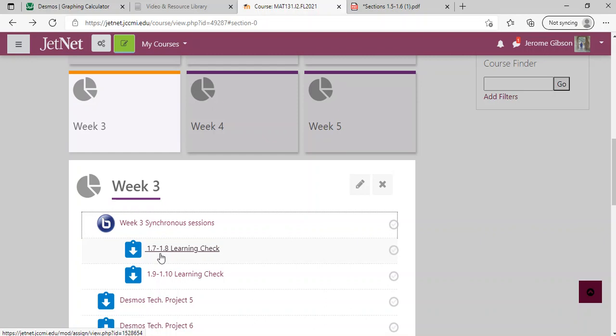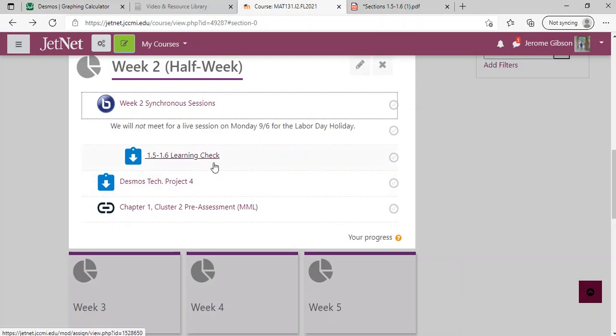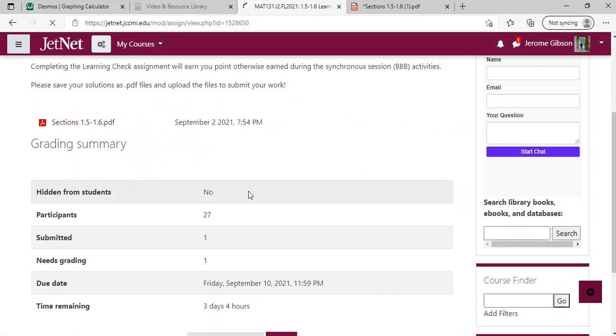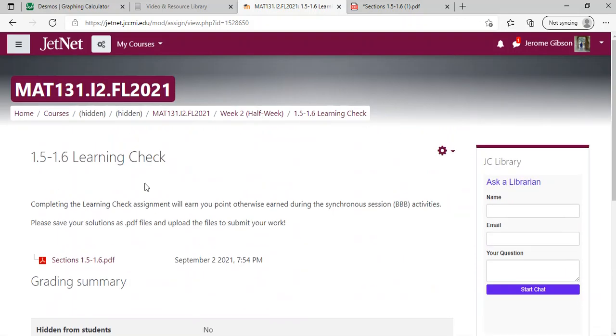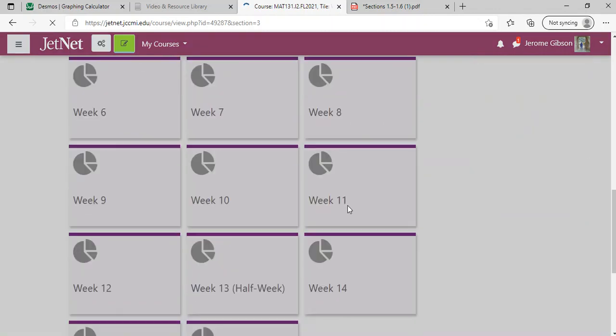The only check assignment that will be due this week is only 1-5 and 1-6, which we actually covered today. That is the only one that's due this week. And just to clarify, this is actually due Friday by 11:59 p.m. I think I'm going to change that since we went over 1-5 and 1-6 today.